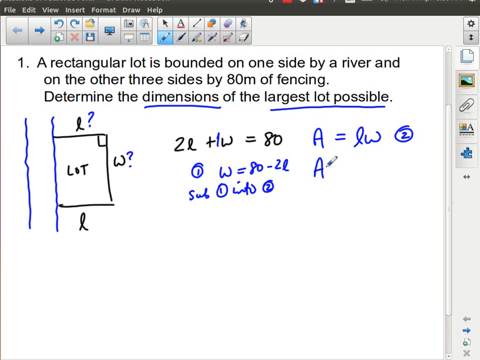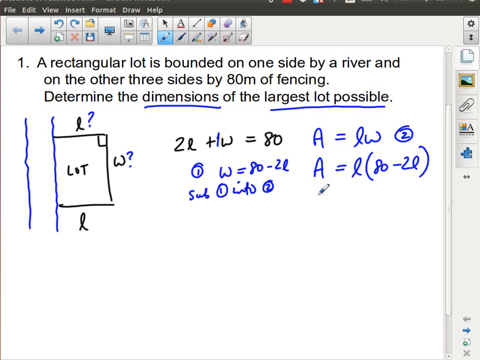So equation 2 becomes length times, instead of width, 80 minus 2L. It's still a quadratic equation: this is order 1, this is order 1, so the overall is order 2, but this is now a quadratic equation in one variable, which is what we want. It's what we're familiar with. So that's one of the things that you want to work with.